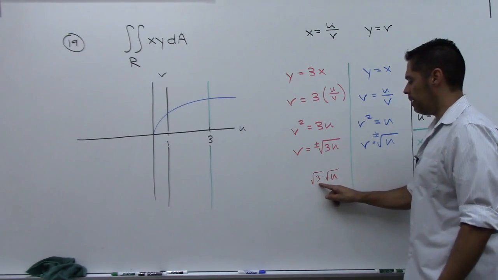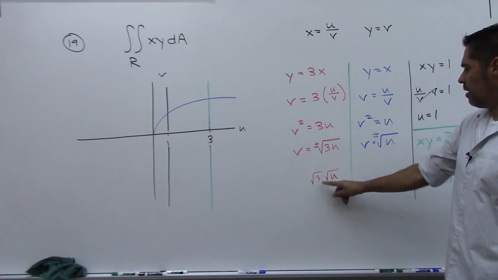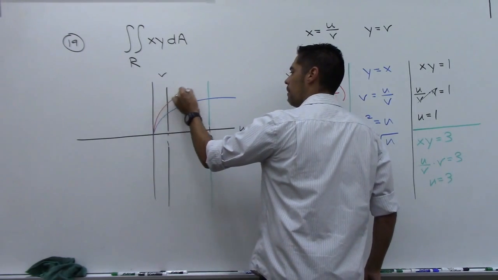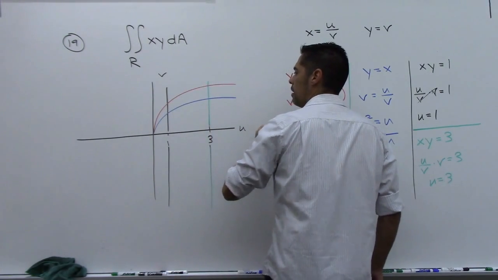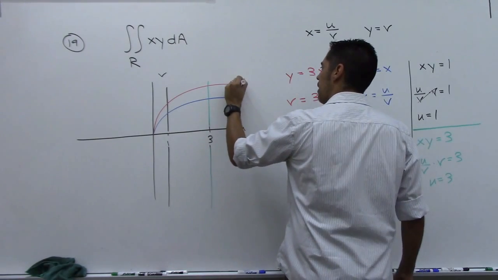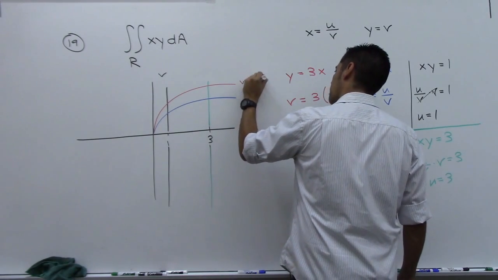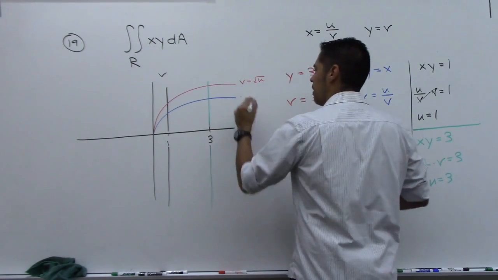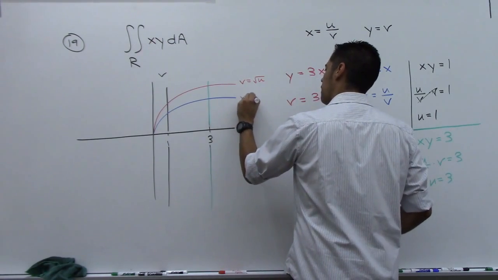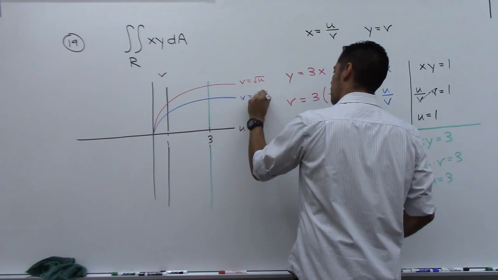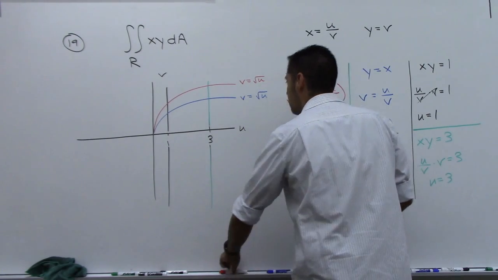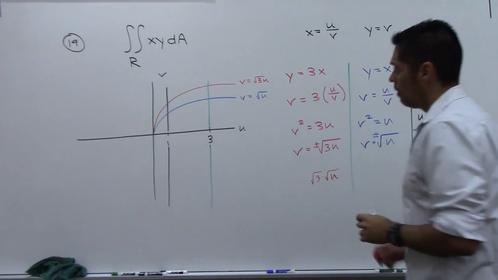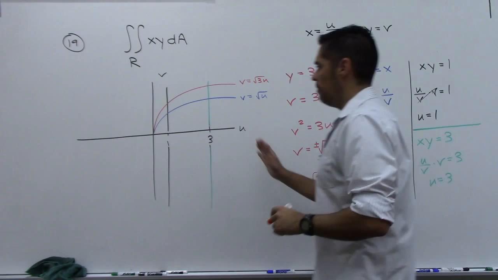Root 3 is bigger than 1, so basically this is going to stretch this one out just to make it a little taller. So it looks like this. Let's just say. All right, so this is v equals root u, and that one was root u. This one up here was root 3u, sorry. Root 3u. And then I've got my two bounds on my u.